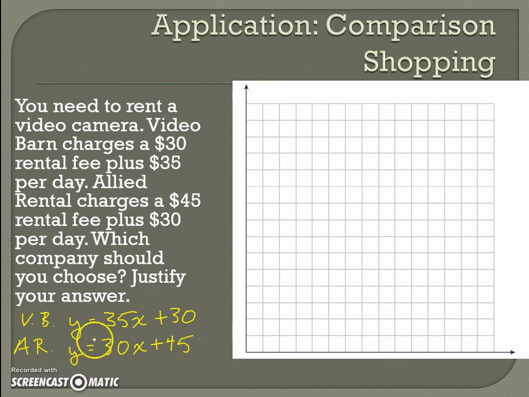So here I have 2 different function rules. They are both written in slope-intercept form. So what I'm trying to find is where they cross. So down here, we'll say this is our number of rentals. This is 0. So what we're going to do is graph this and see where they intersect.